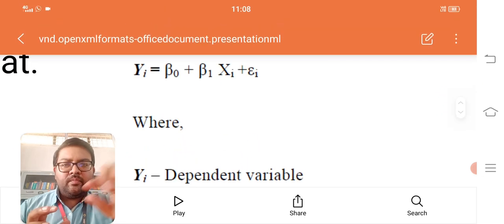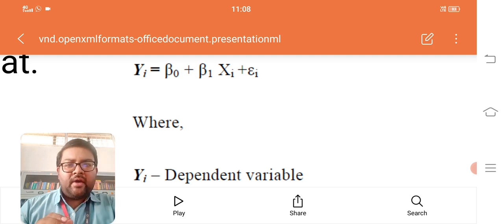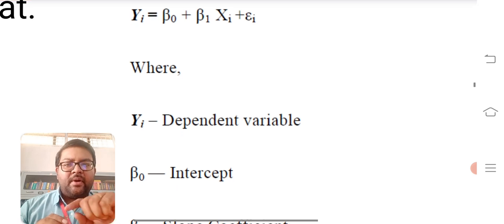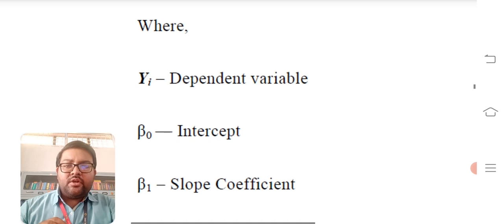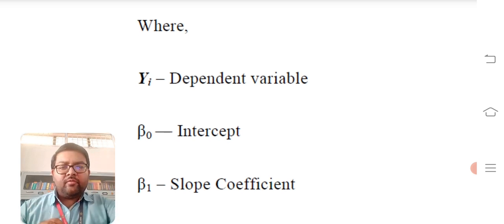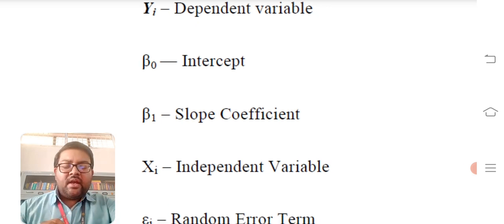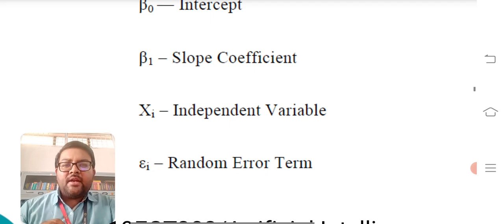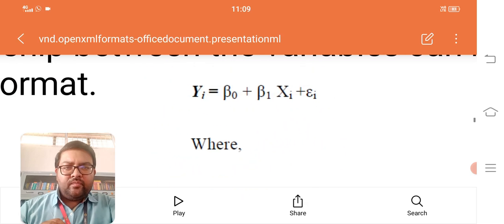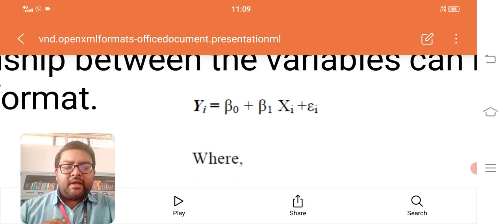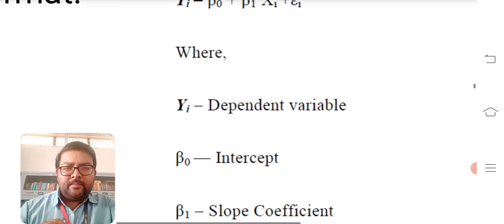The equation is yi equals beta naught plus beta 1 xi plus epsilon i, where y, as we discussed, is the dependent variable, beta naught is the intercept, beta 1 is the slope coefficient of that linear graph, xi is the independent variable on the x-axis, and epsilon i is the random error term. So this is a simple equation, or a model, that can be used to obtain the relationship between y and x.